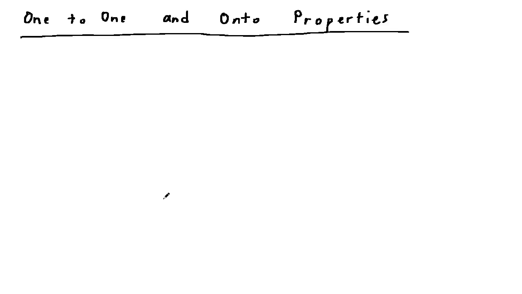In this lecture, we're going to look at two important properties that a function may or may not satisfy. The first property is called the one-to-one or injective property.